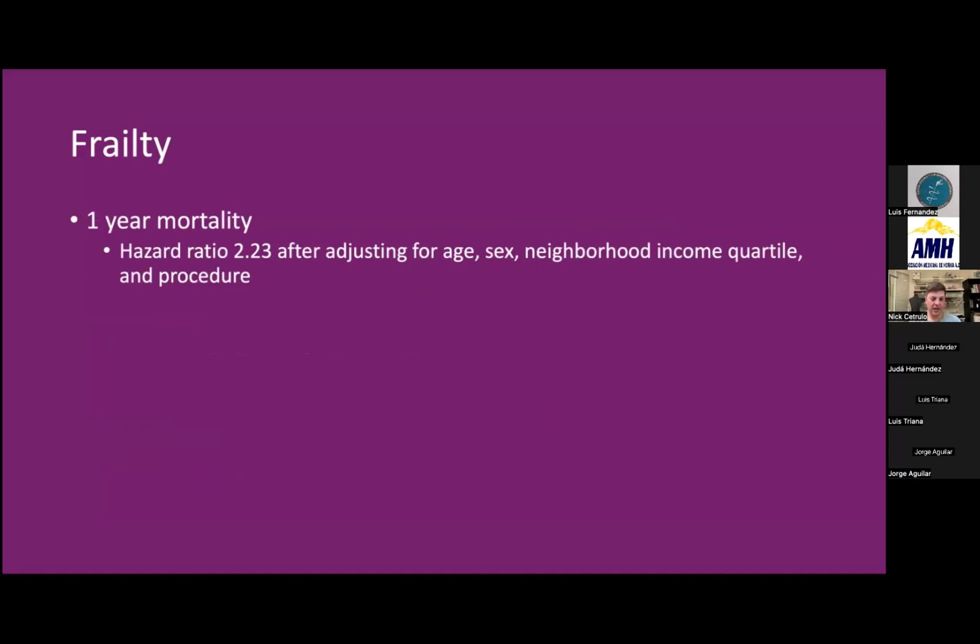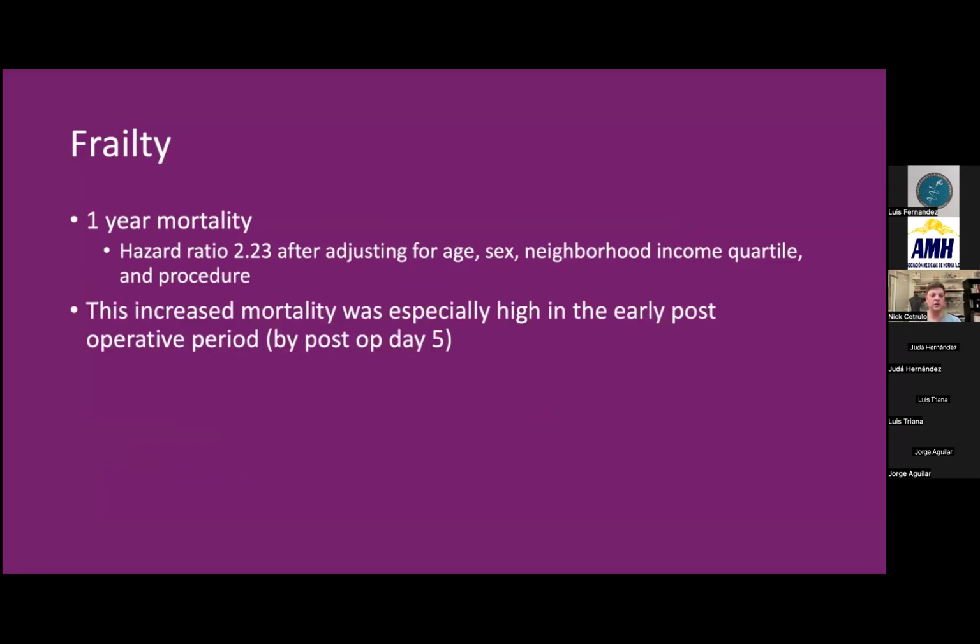So the 1-year mortality for any non-cardiac procedure, this includes orthopedic, abdominal procedures, general surgery procedures, the hazard ratio for 1-year mortality, even after adjusting for age, sex, neighborhood income quartile, which is a surrogate for financial status, and procedure type, was still 2.23.